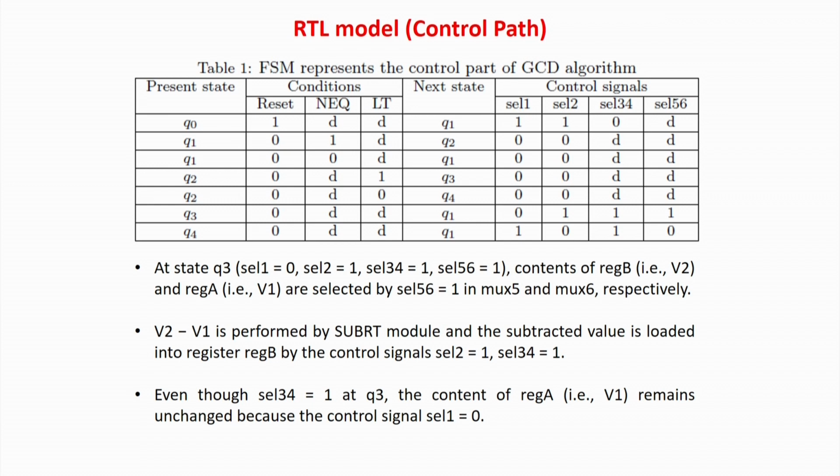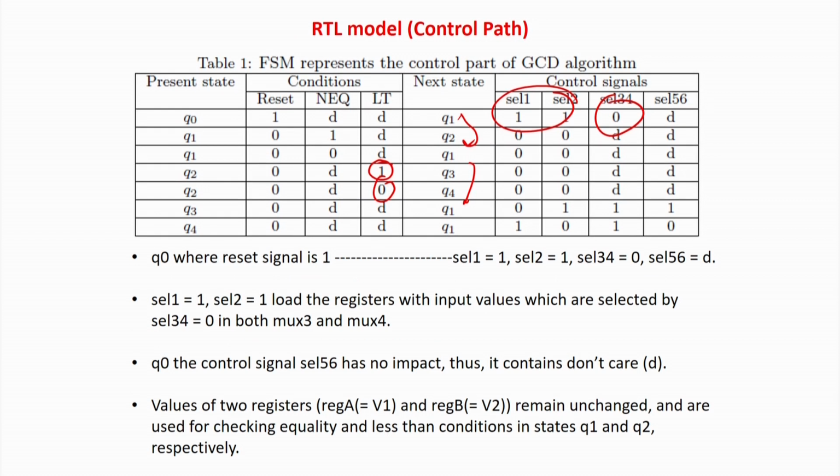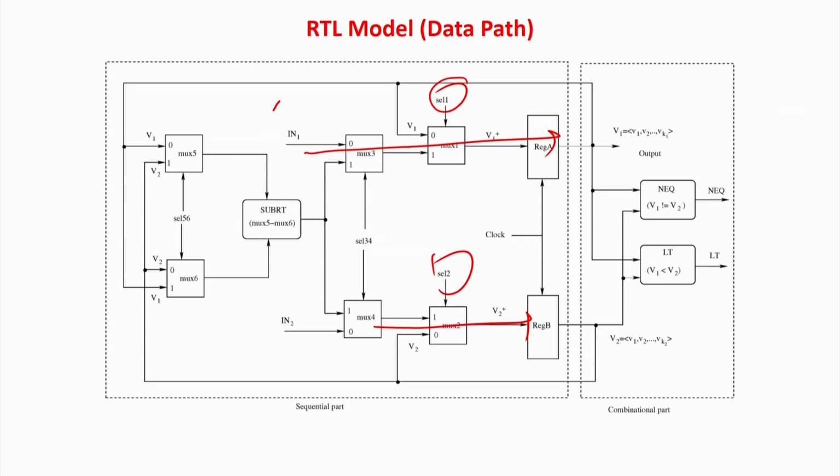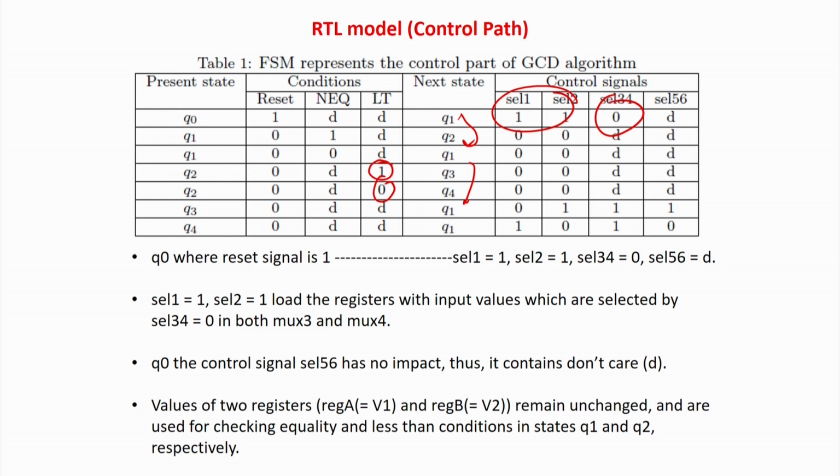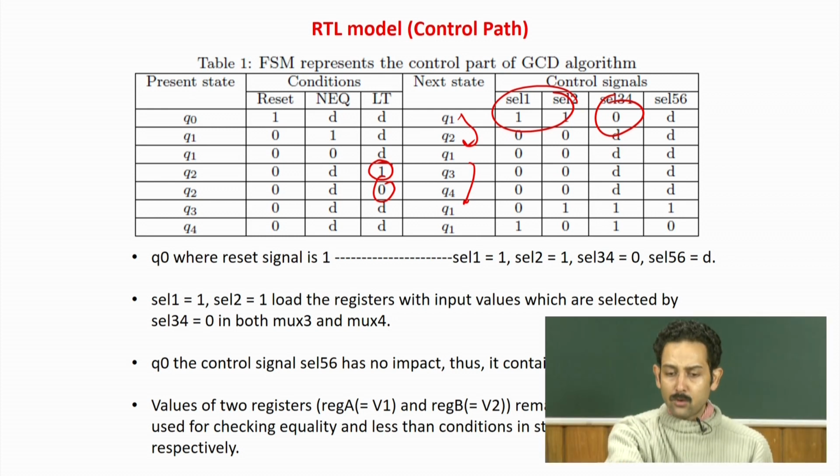But again, re-emphasizing the fact that the control path is very simple in terms of number of gates compared to the data path. The data path, as I told you, will blow up with the size of the input bit width. But you can see the controller will remain the same, and the controller size is very, very small, because there are only 5 states. 5 states means 3 flip flops, and the number of gates to represent this finite state machine will be not more than 10 or 20.